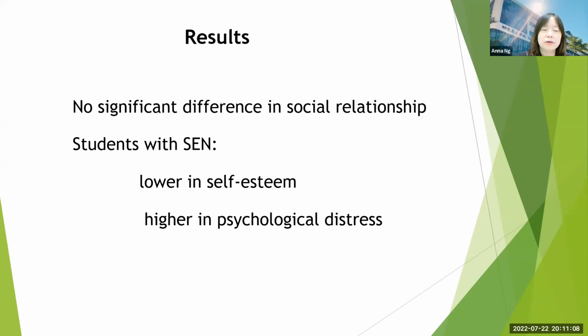Results. We find that there's no significant difference in the social relationship, and students with SEN are lower in self-esteem and higher in psychological distress.